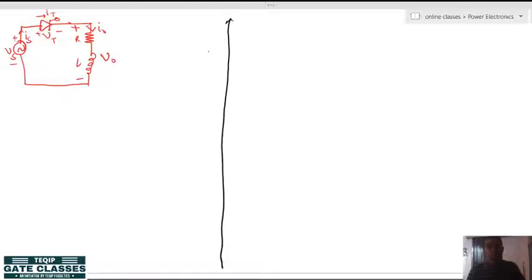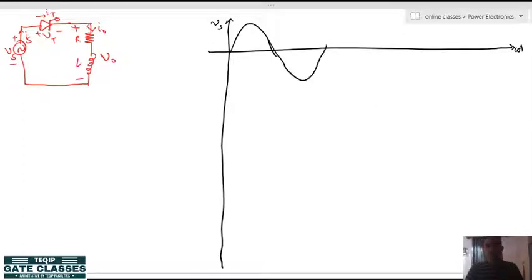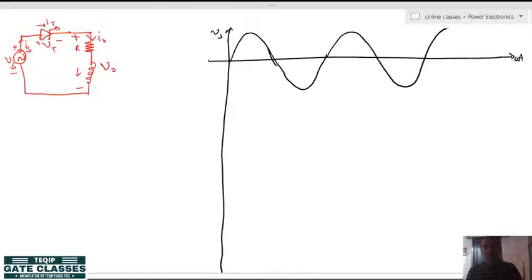So, this is the source voltage here. Zero, pi, 2 pi, 3 pi, 4 pi, 5 pi, and so on.